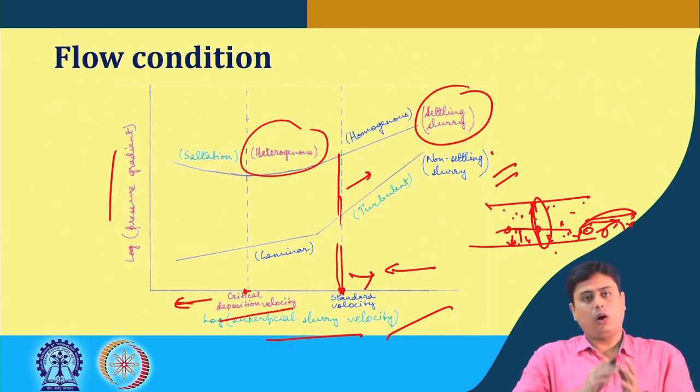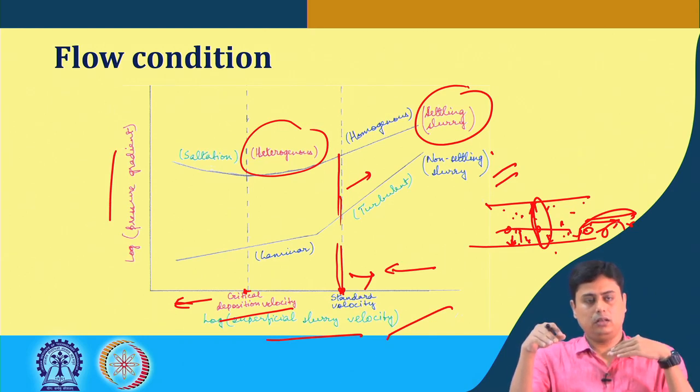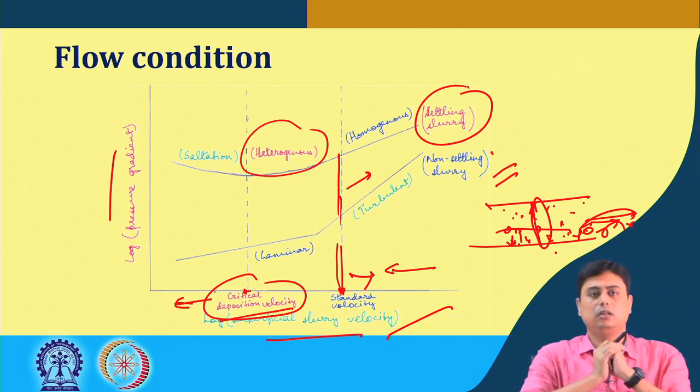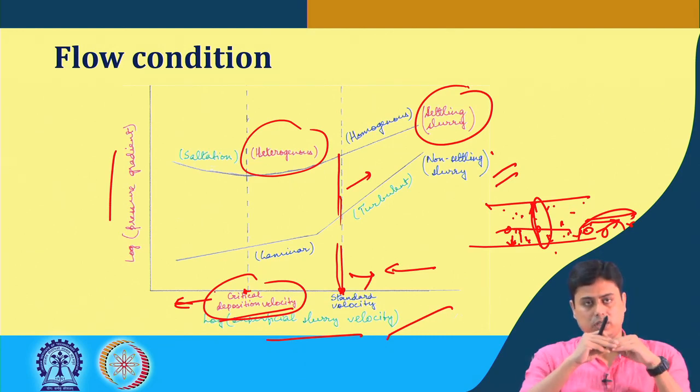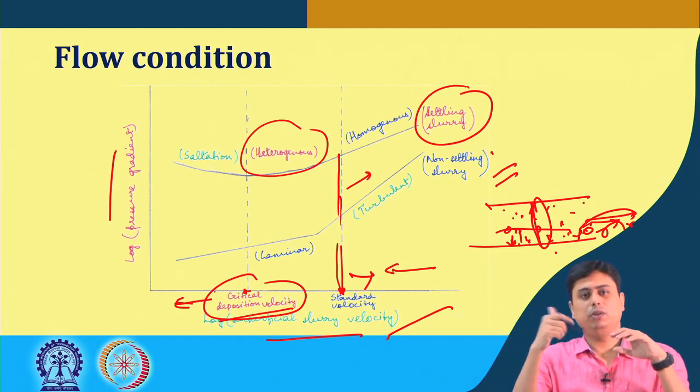So in order to keep the particles suspended, we require the critical deposition velocity, and we have to operate above this velocity. Then the particles are not deposited on the surface, they flow with the bulk fluid, but with a concentration gradient across the cross sectional area.